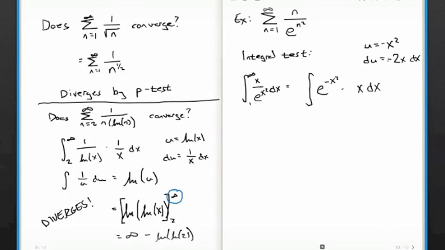Right? But the problem is I don't have a negative 2x, so what do I do? I take my technique, I just put a negative 2 in there. But if I do that, I've got to put a negative 1/2 out here.